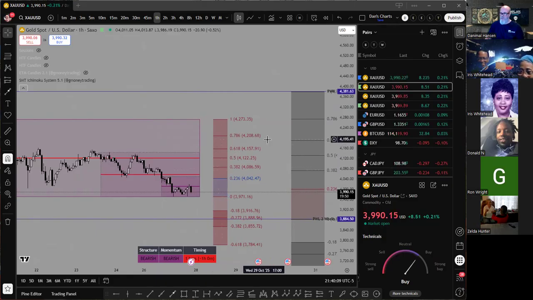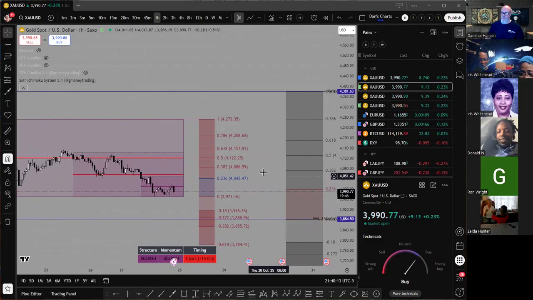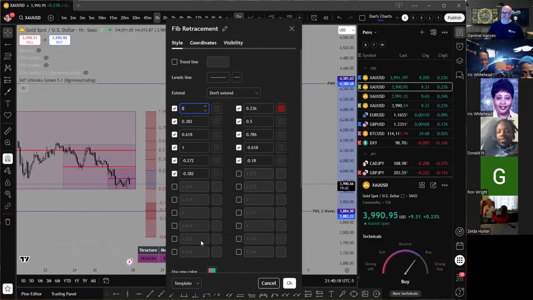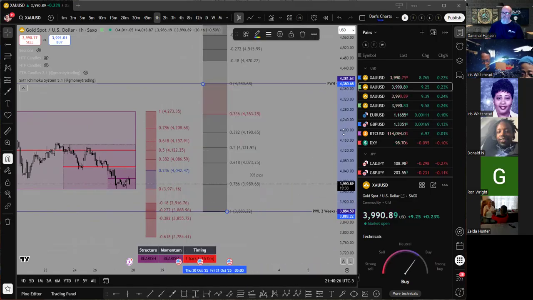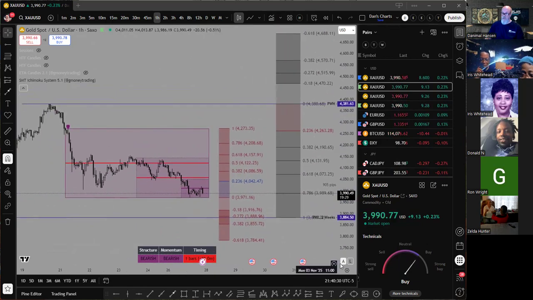So this fib is still good. This weekly one, I would reverse it now because price is going the opposite direction. Reverse it. Boom. And now it's going the direction we want. So if we're still looking for buys, we're still in a good position for buys.